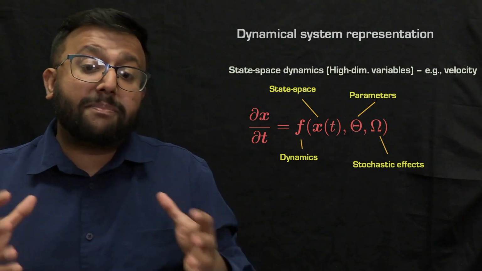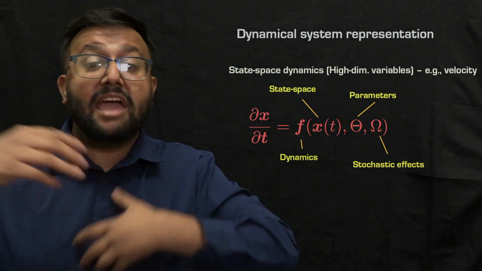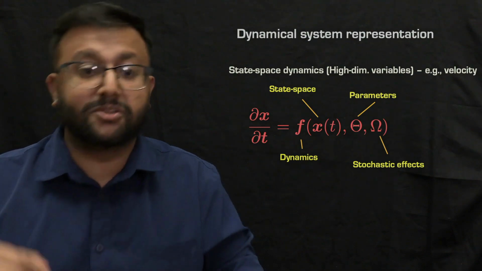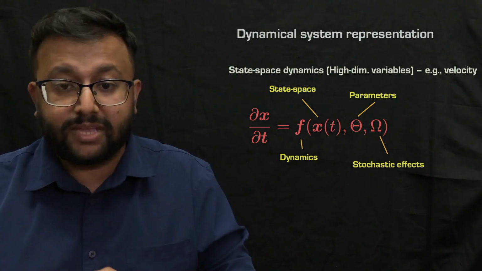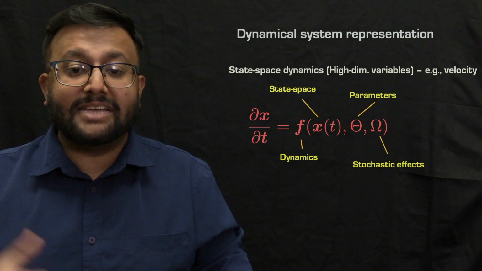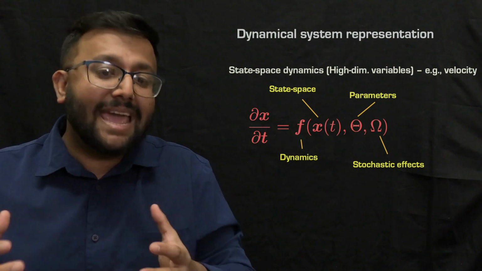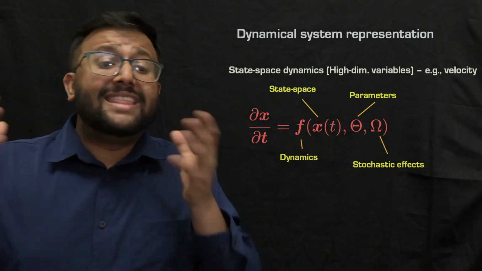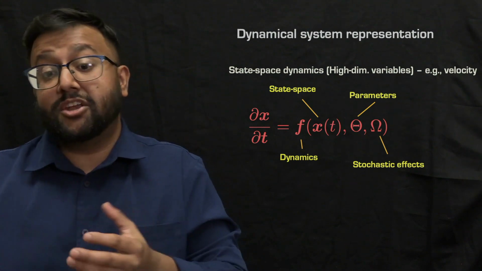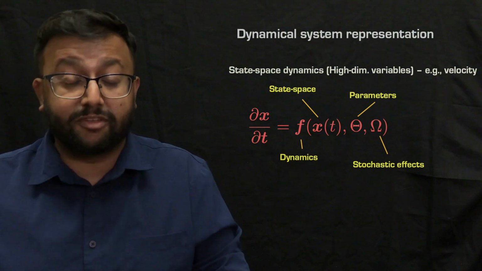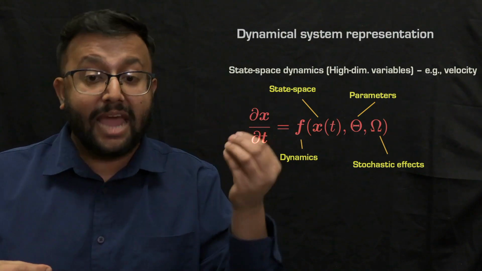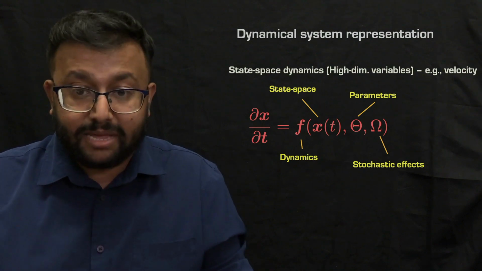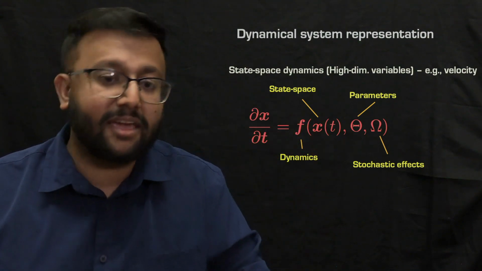Now, the dynamical representation describes the evolution of these states, which is given on the left-hand side. So this is dou x by dou t. And on the right-hand side is the dynamics of these states, which is given by a function f. Now, these dynamics are a function of not only the time-varying states of the flow, but also certain parameters and also effects that contribute to the dynamics in terms of stochastic effects and so on.